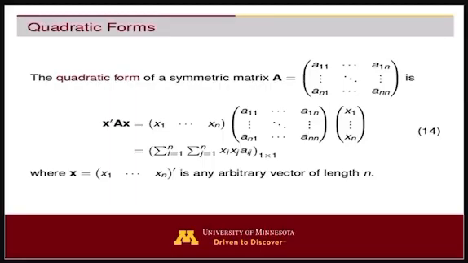If I have a symmetric matrix A, we all know what I mean by a symmetric matrix, and I have a vector X, and another one on this side, and I use them to multiply the matrix, then we can investigate this quadratic form.